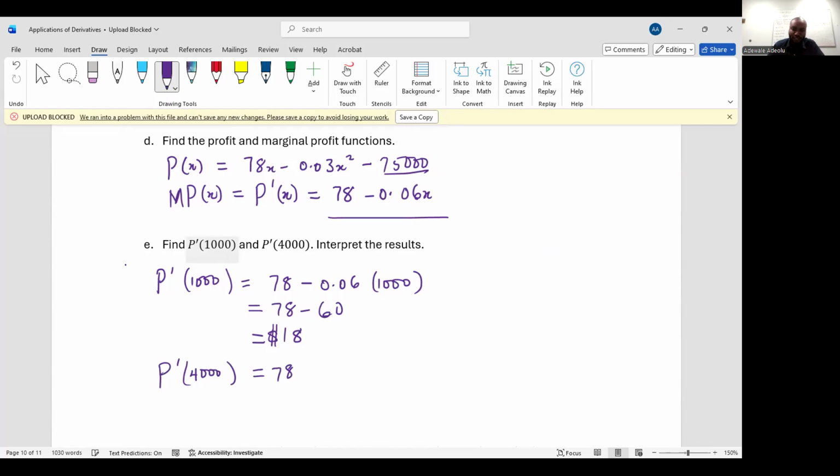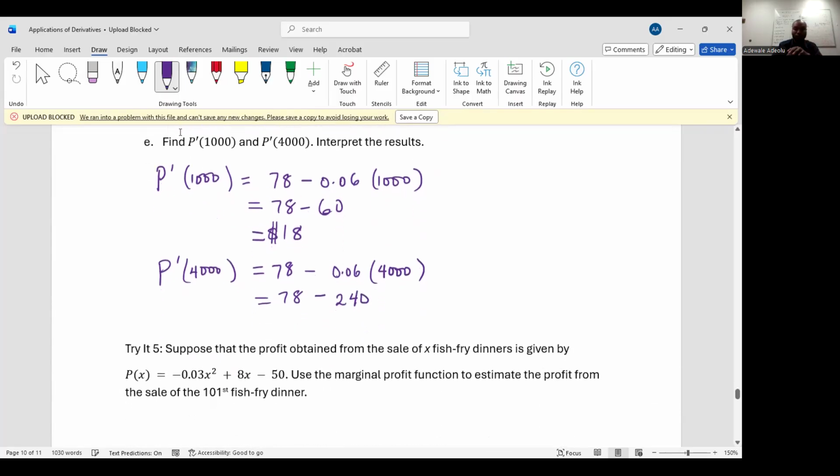So again, 78 minus 4000 times 0.06. So that is 78 minus, that should be 240, I believe. Oh, this is negative.